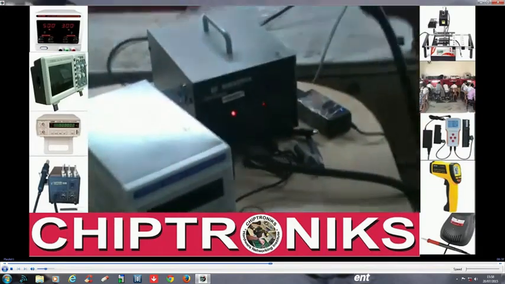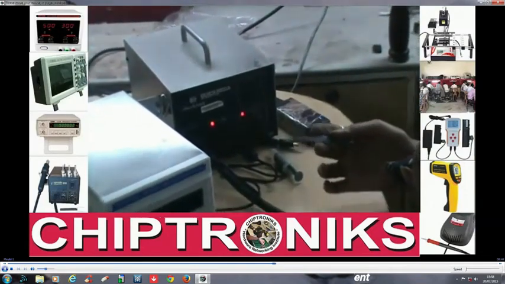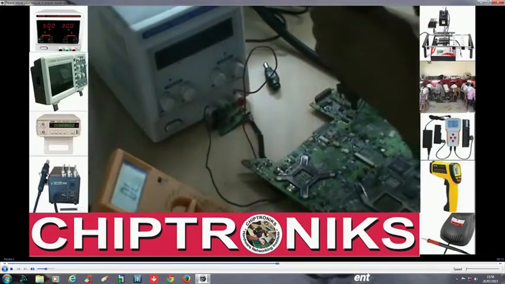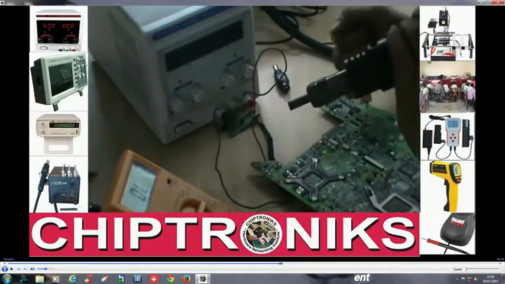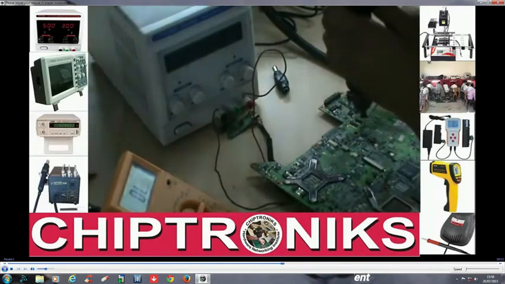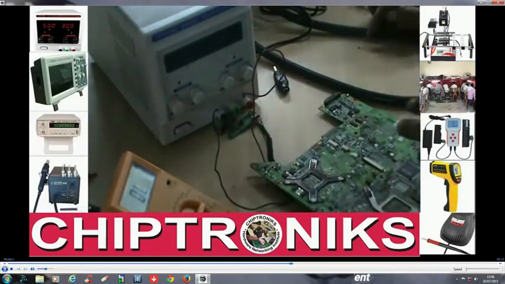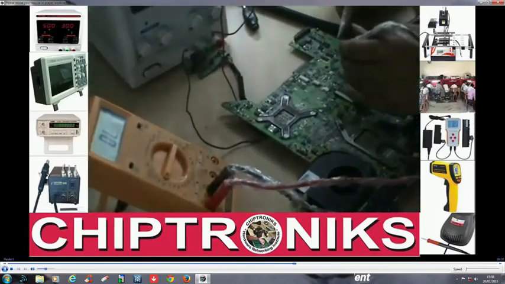Now I remove this capacitor. Now I'll check again for shorting, whether it's gone or not.